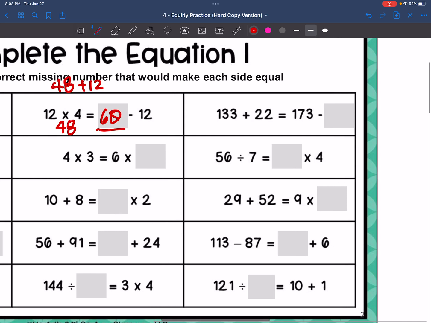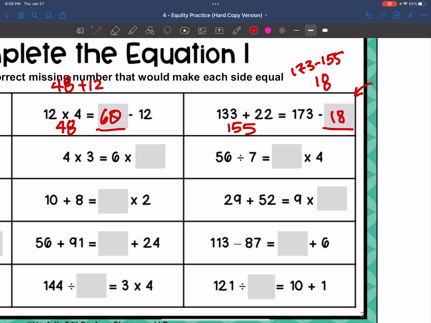Let's look at this next one. 133 plus 22 gives us 155. So what number subtracted from 173 gives us 155? Well, this time our number is in the back being subtracted. So what I need to do is take 173, subtract 155, still going to subtract, and what we'll get is 18.